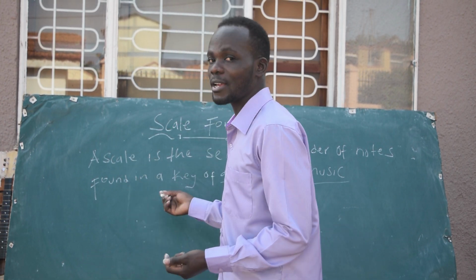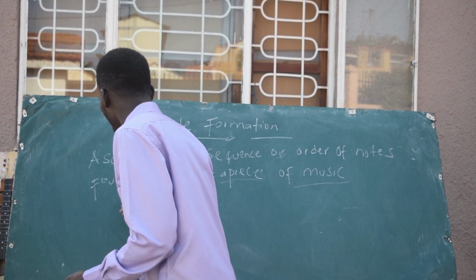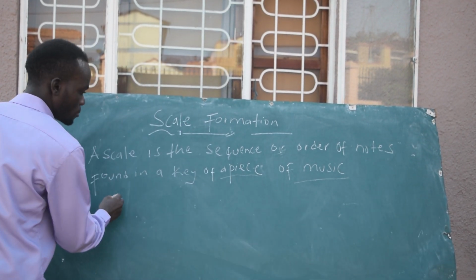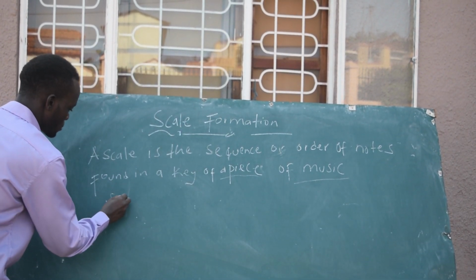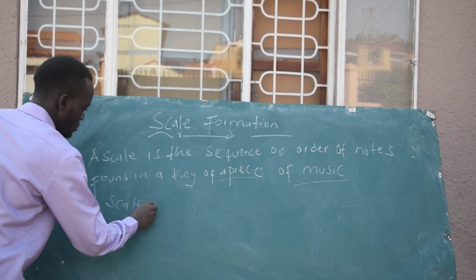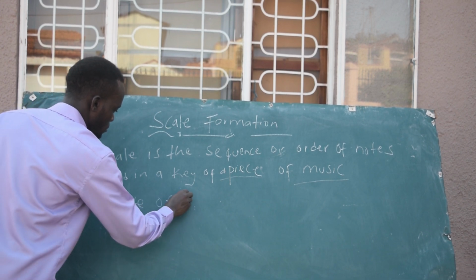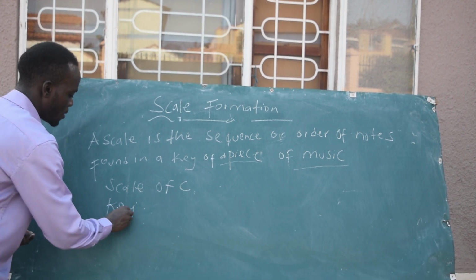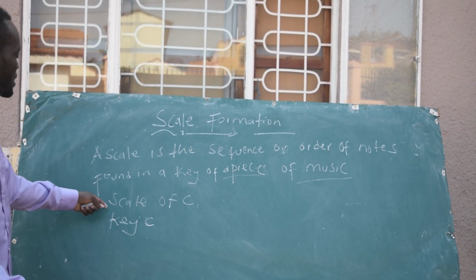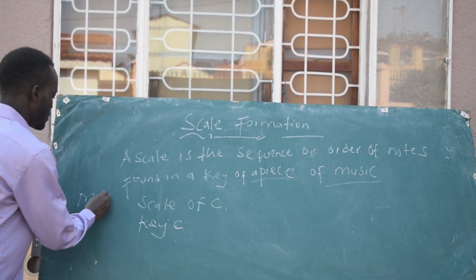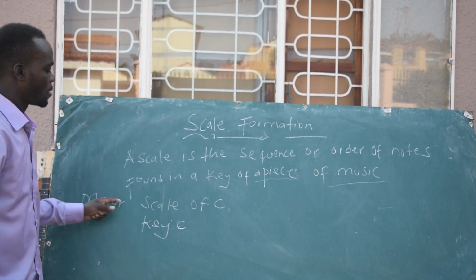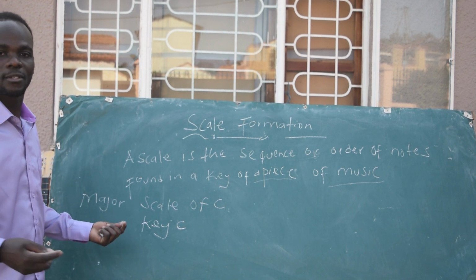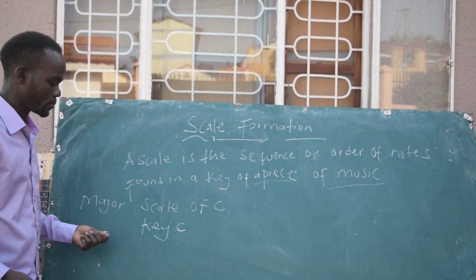We're going to find out the scale of C, or as well, the key of C, or the major scale of C, and or the major key of C. Still, it's the same thing almost.